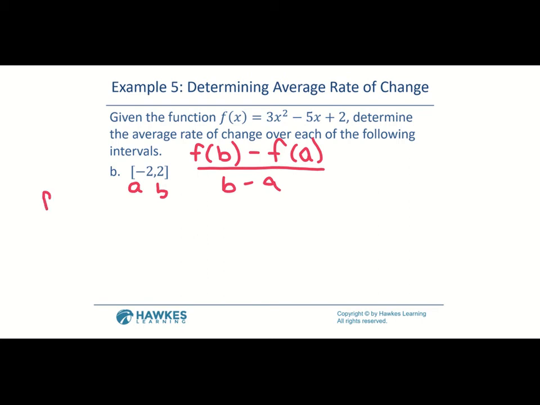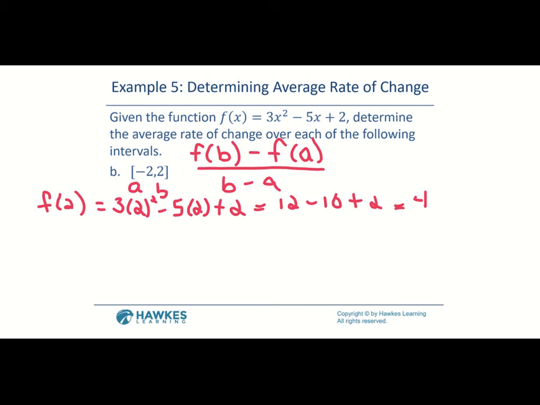I'm just going to plug it in. So we're going to do 3 times 2 squared minus 5 times 2 plus 2. 2 squared is 4. 3 times 4 is 12. So we have 12 minus 10 plus 2. 12 minus 10 is 2. 2 plus 2 would be 4.